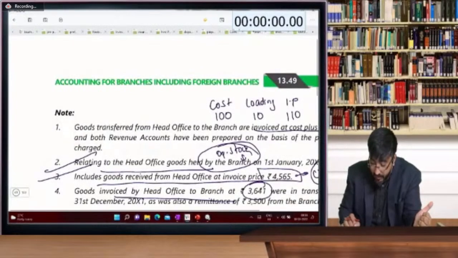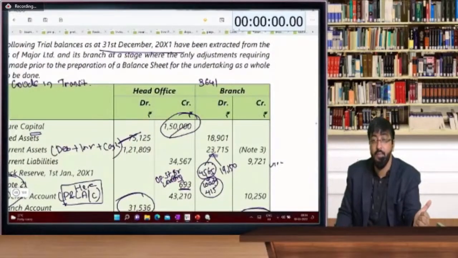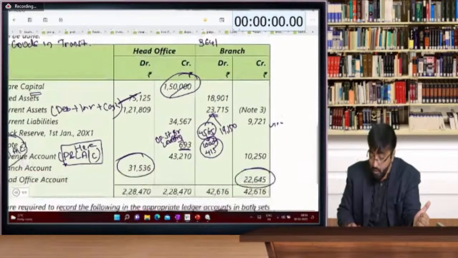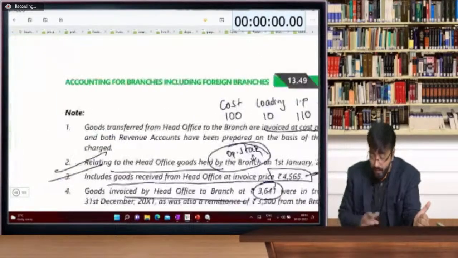What is the entry? Goods in transit to head office, 3641; branch will pass the entry. Goods in transit account debit to head office, so we will credit head office, 3641.